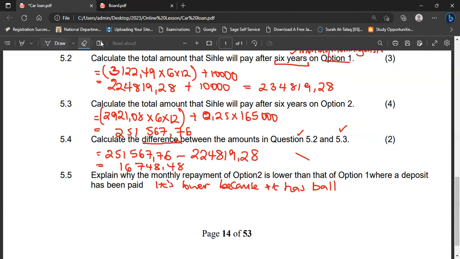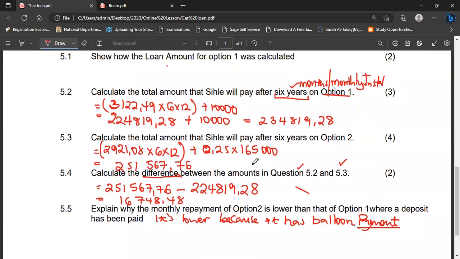It's lower. The person has the balloon what? Payment. Balloon payment.